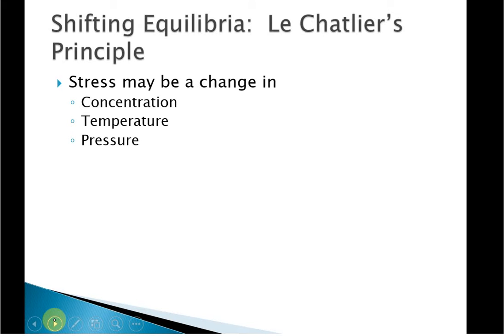The K value should be pretty consistent across the board otherwise. And then finally, it could be pressure. Now, adding an inert gas will not affect equilibrium whatsoever, but you can adjust the pressure of a closed system and it will shift slightly.